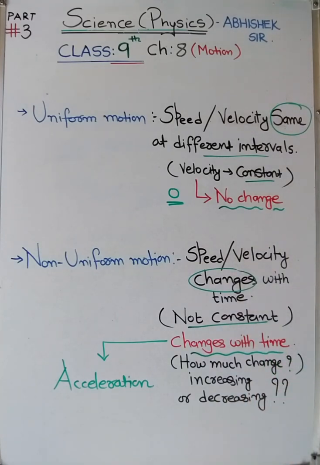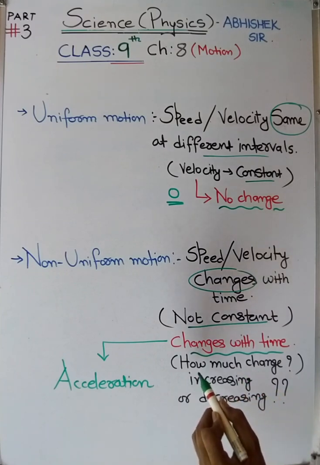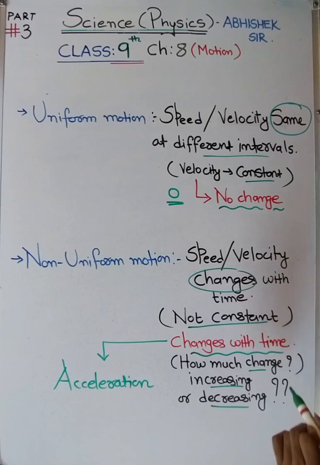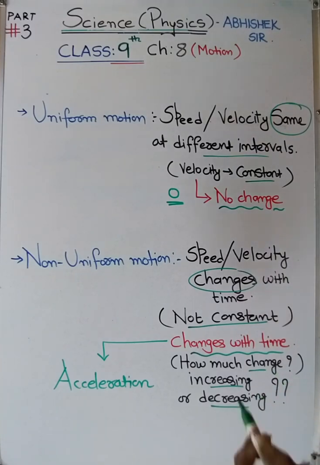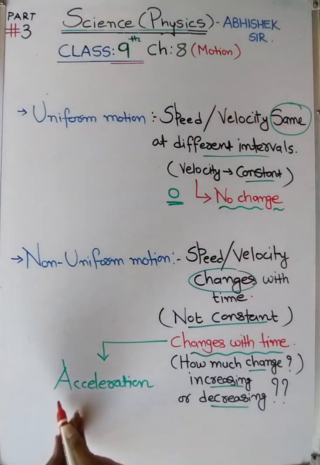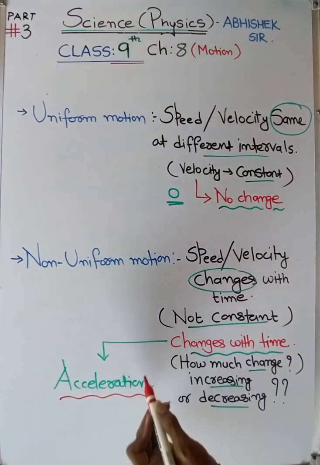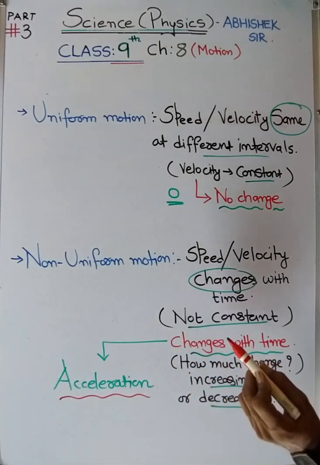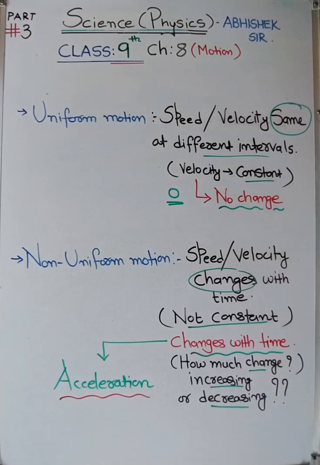Changes in speed and velocity must be measured. Questions like how much change, and whether it is increasing or decreasing, can be answered by finding a physical quantity that is called acceleration, right? So what is acceleration? Acceleration is the change of velocity or speed with respect to time.